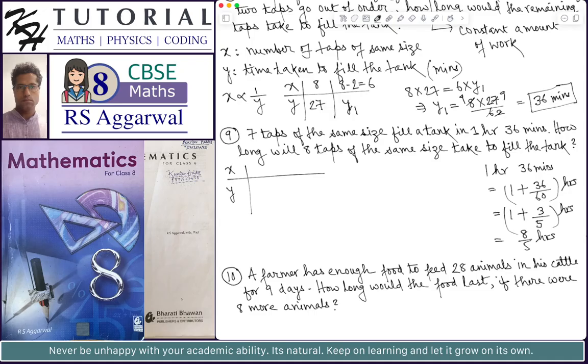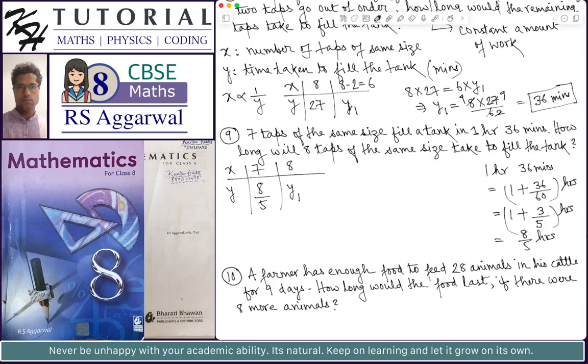It is given that 7 taps of the same size fill a tank in 1 hour 36 minutes. So we have the value 7 for x, and 1 hour 36 minutes is equal to 8 by 5 hours, so 8 by 5 for the value of y. Now it is asking how long 8 taps of the same size will take to fill the tank. So we have 8 for x, and let's assume that 8 taps will fill the same tank in y1 hours.